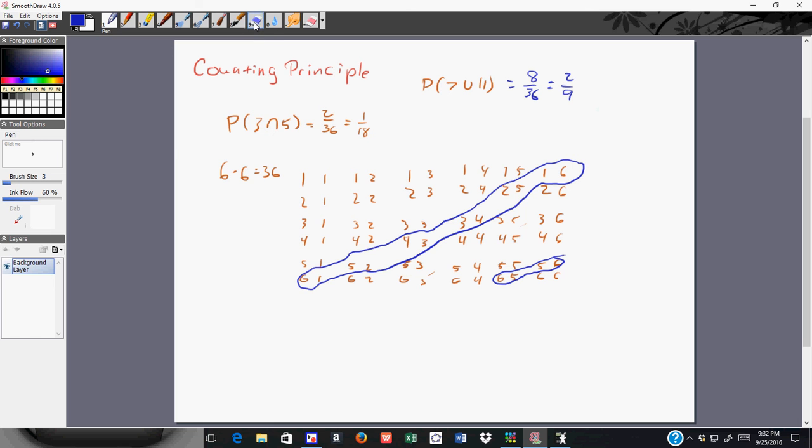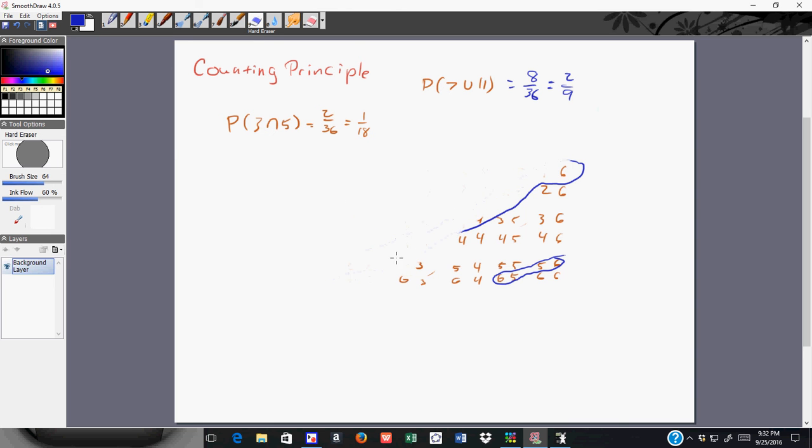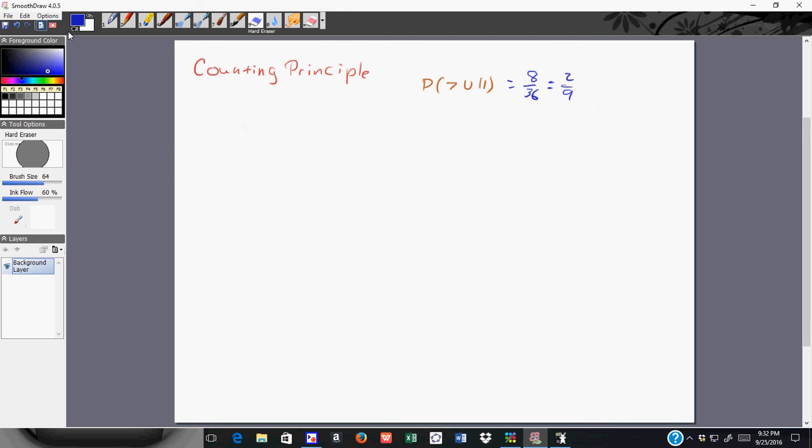All right. And the very last thing I want to say is, if you had a coin and you flipped it, heads or tails, the probability of getting a head is 1 out of 2. Probability of getting a head and a head is 1 out of 2 times 1 out of 2, which is 1 out of 4.